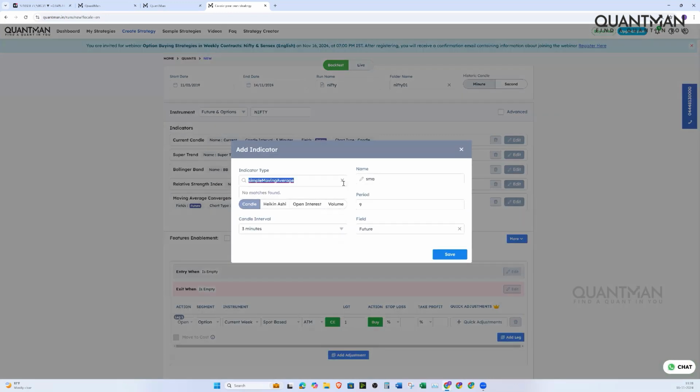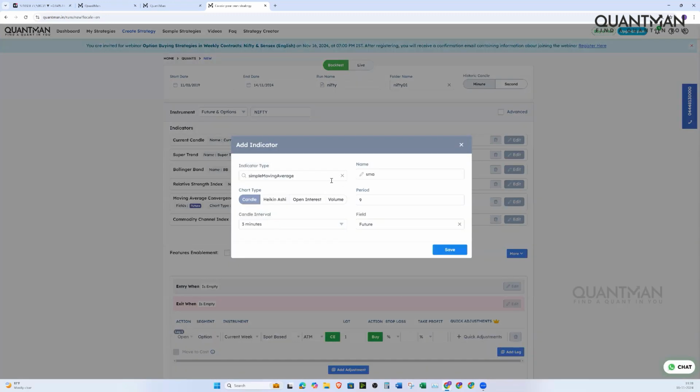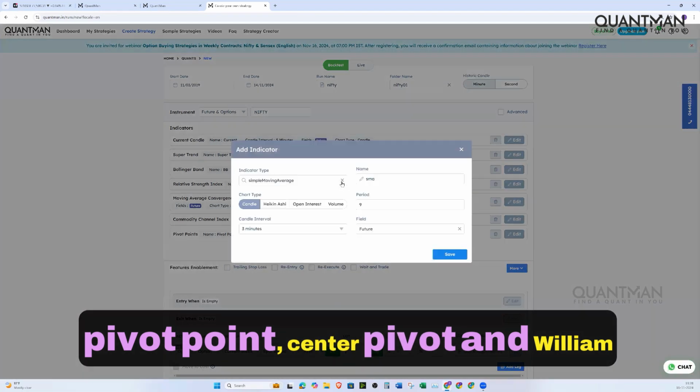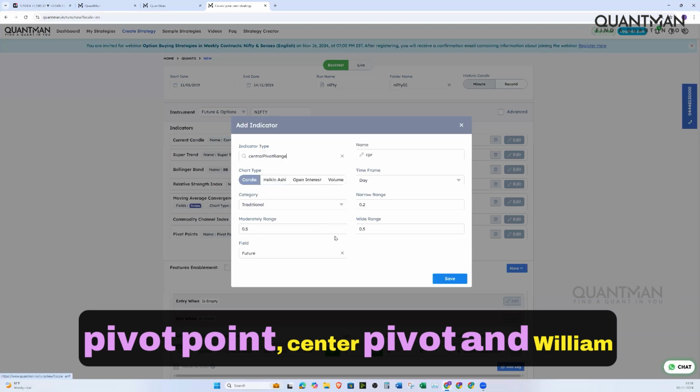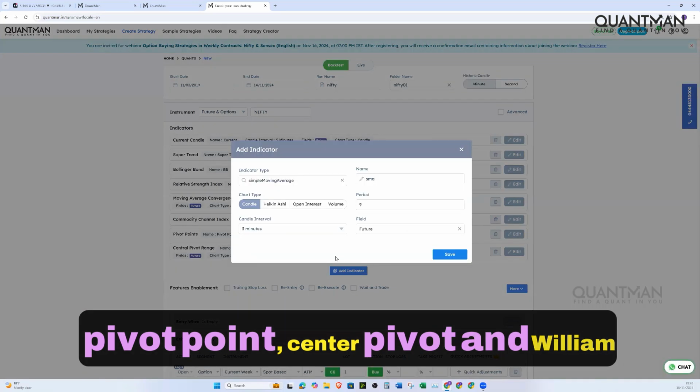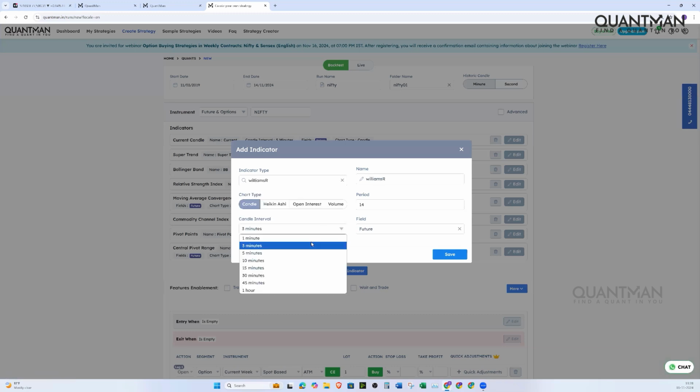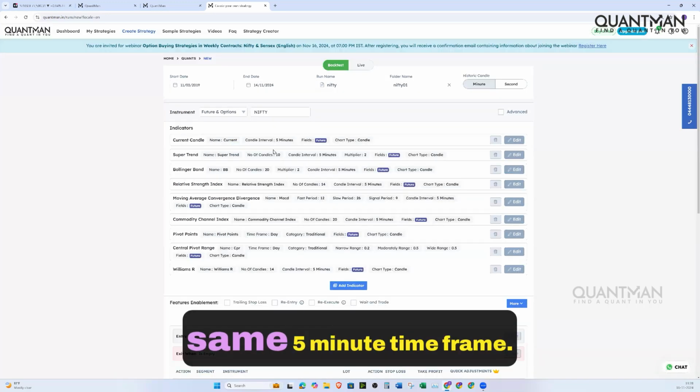CCI, pivot point, center pivot. And Williams R. Okay, in Nifty strategy, I am also using the same 5-minute time frame.